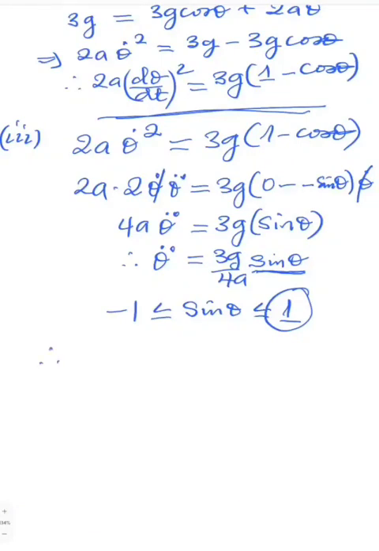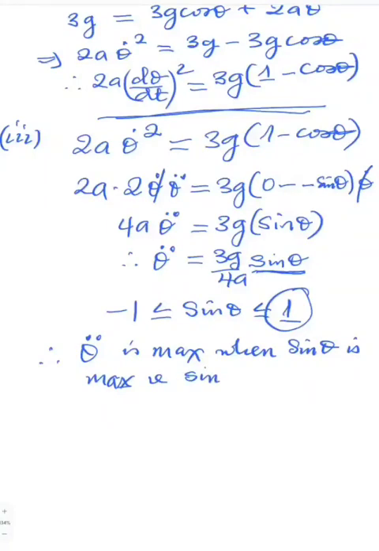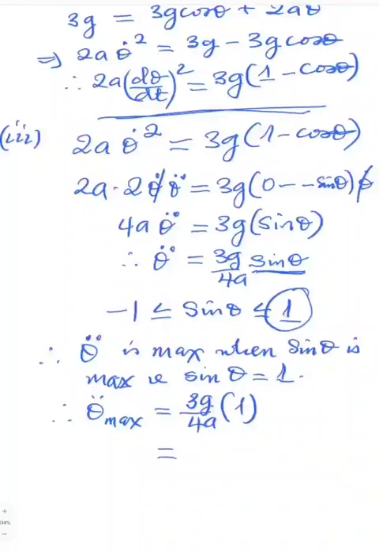So we can conclude that theta dot dot is maximum when sine theta is maximum, i.e. sine theta equals 1. Therefore, theta dot dot max equals 3g all over 4a into 1, which corresponds to 3g all over 4a as required.